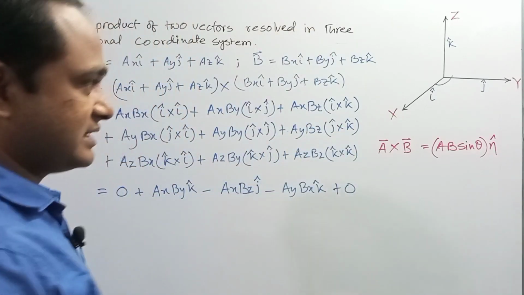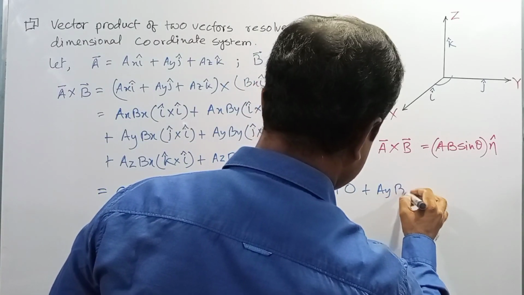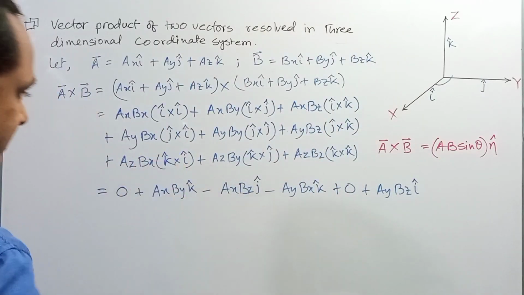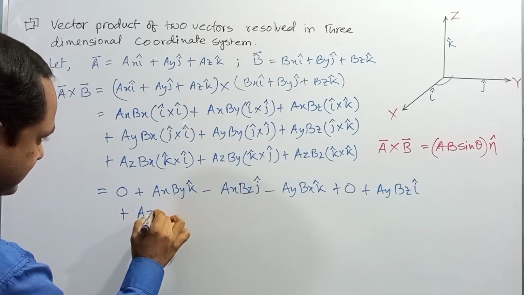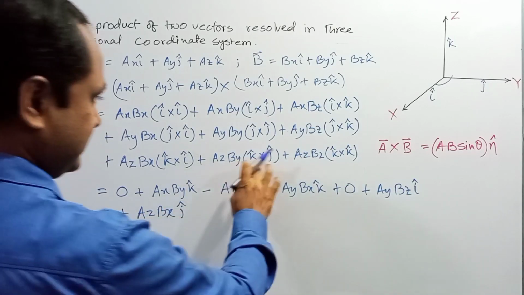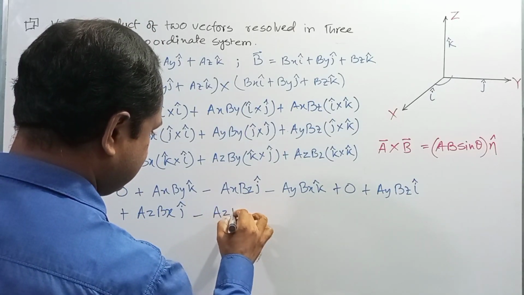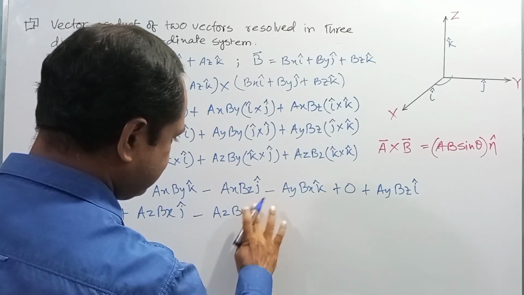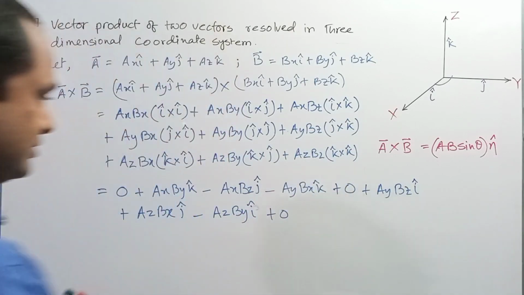Here j cross k will give i, so ay bz into i. Here k cross i will give j, so plus az bx into j. k cross j will give minus i, so minus az by into i, and finally the last term will be 0.